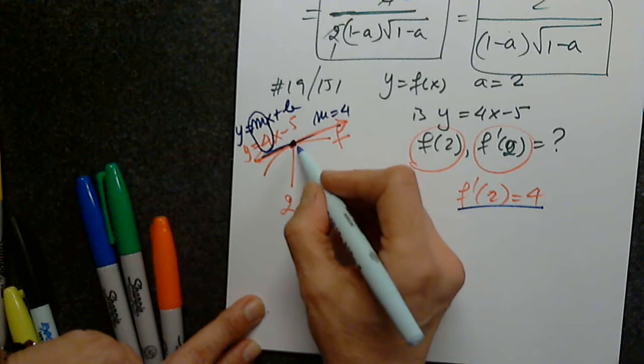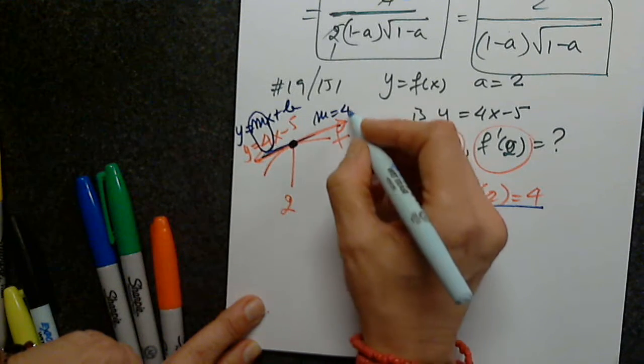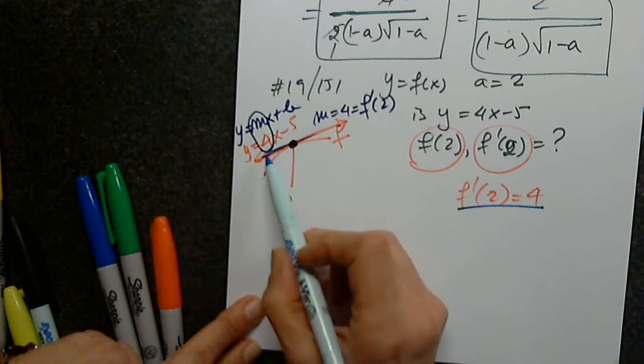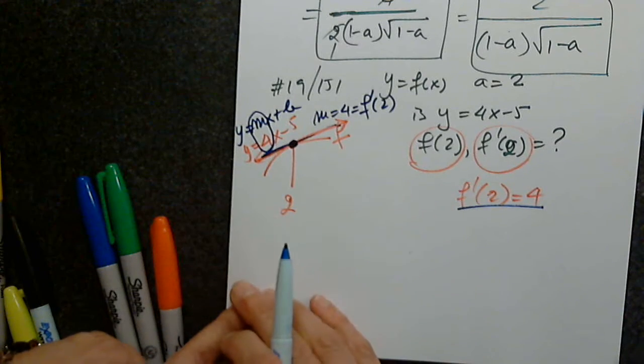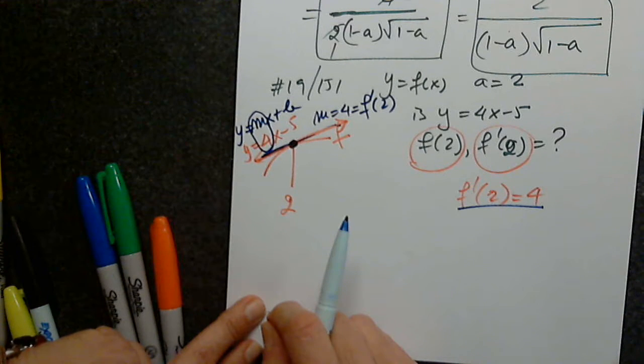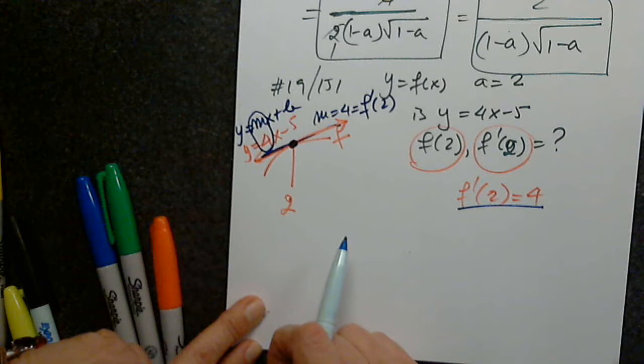Because this line is tangent at this point, this must also be f prime of 2, because f prime of 2 gives the slope of the tangent line to the graph at the point x equals 2, f of 2. Is that okay?